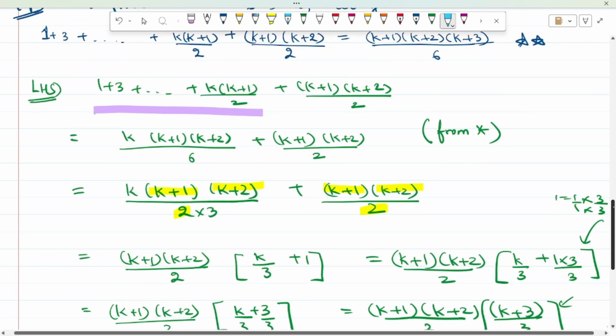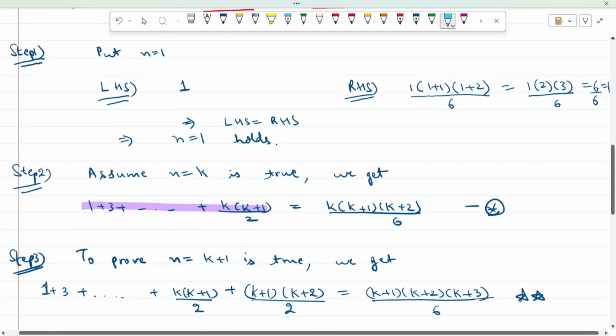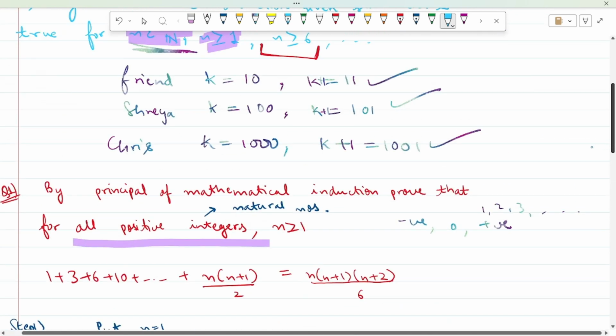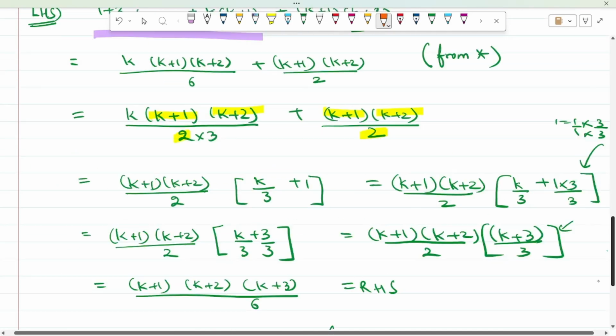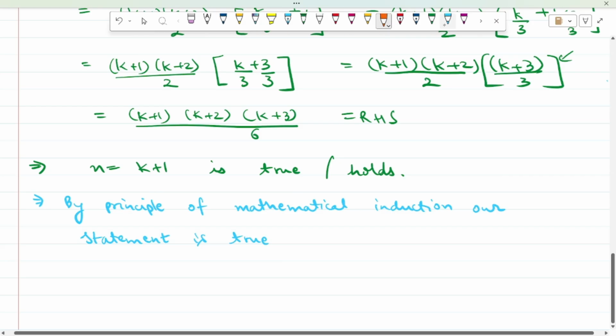For all integers n greater than 1. We will be using the same words. So it's true for all positive integers n greater than 1. So that's the required result. So yeah, that's it. Keep smiling, keep shining.